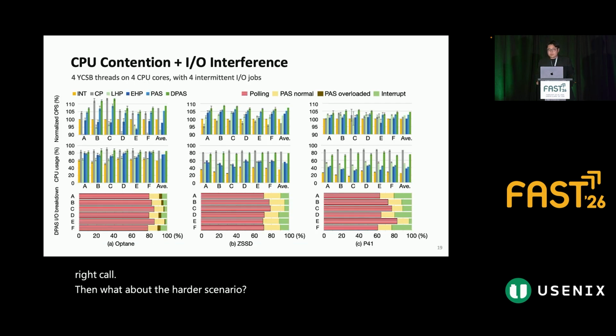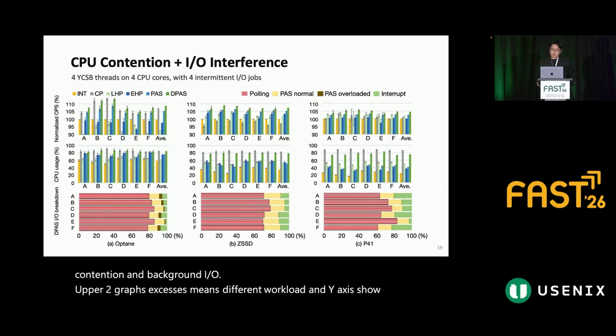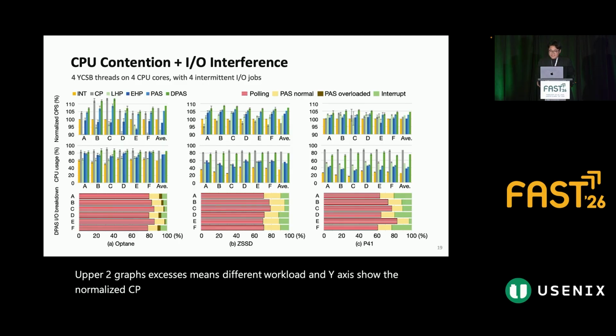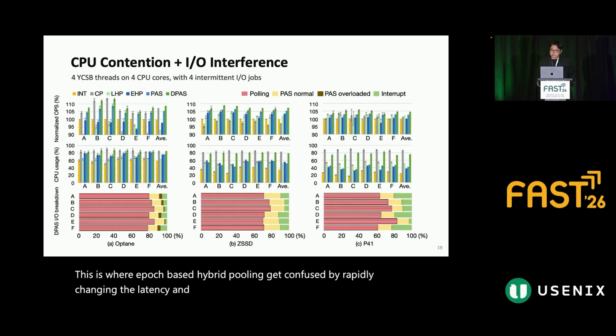Now a more realistic scenario: a database workload with both CPU contention and background I/O. In the upper two graphs, the x-axis shows different workloads, and the y-axis shows normalized CPU usage and OPS. This is where epoch-based hybrid polling gets confused by rapidly changing latency, and where pure polling can get punished under CPU contention.